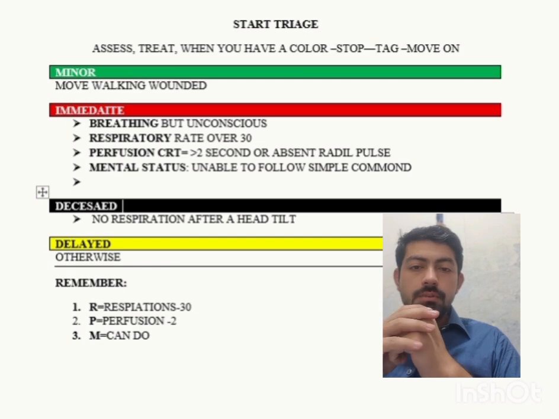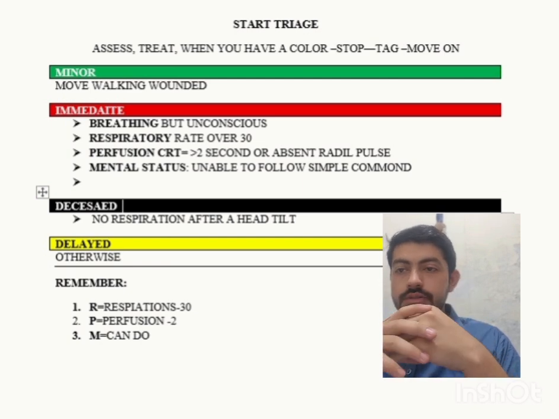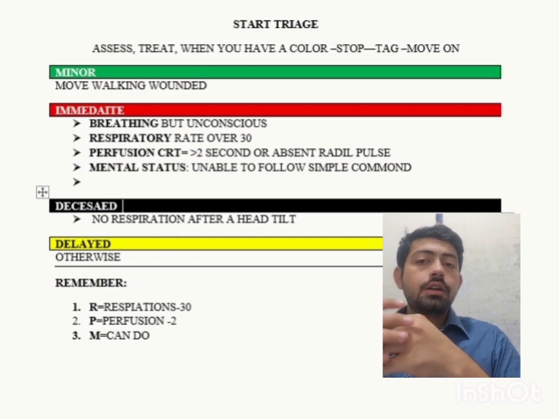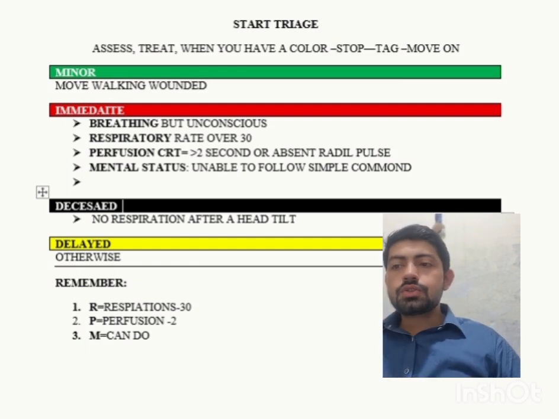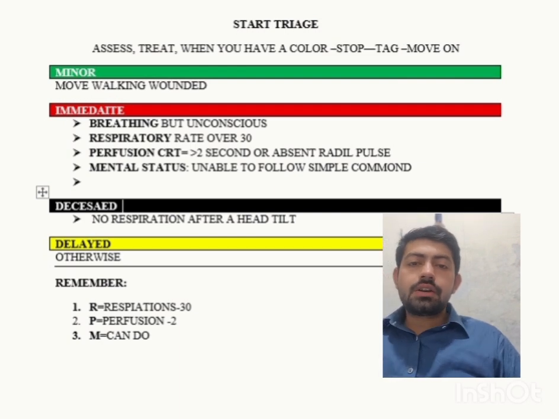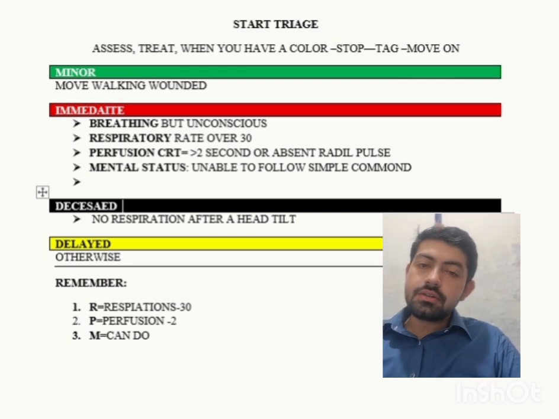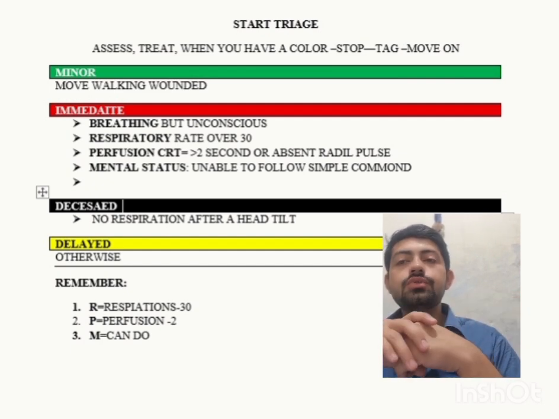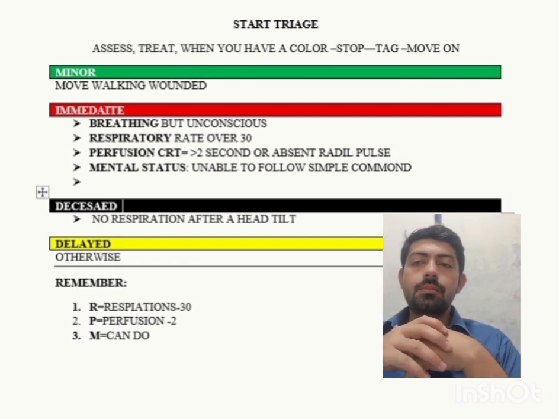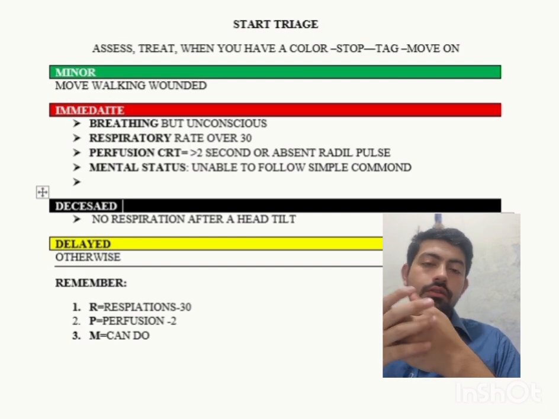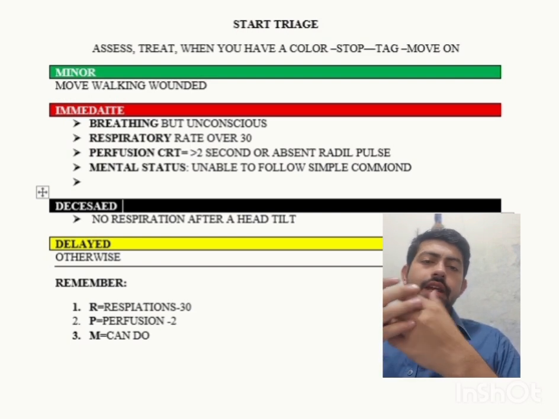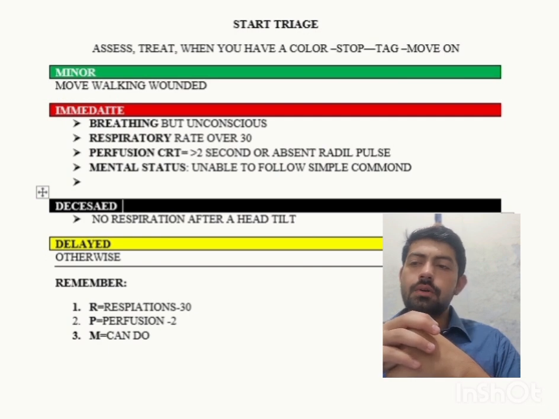The main purpose of triage is to save as many lives as possible by giving priority to critically ill patients. So what is START Triage? START stands for Simple Triage and Rapid Treatment. It is a quick method used during mass casualty incidents such as earthquakes, bomb blasts, accidents, fires, and natural disasters such as floods.